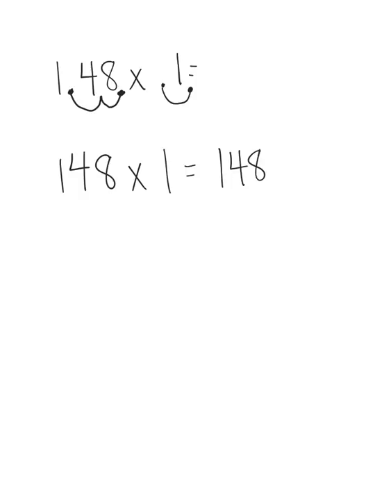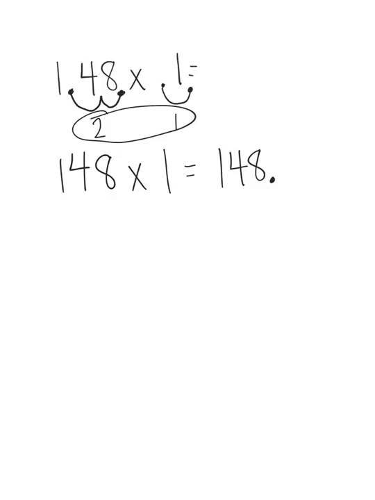Okay, but in this case, in my first number, 1 48 hundredths, remember you have to keep track of how many times you moved it total. In this case, I moved it over a total of 2 times, and in the 1/10, I moved it over a total of 1 time. So in this case, I moved it a total of 3 times. Well, 148 times 1 is 148.